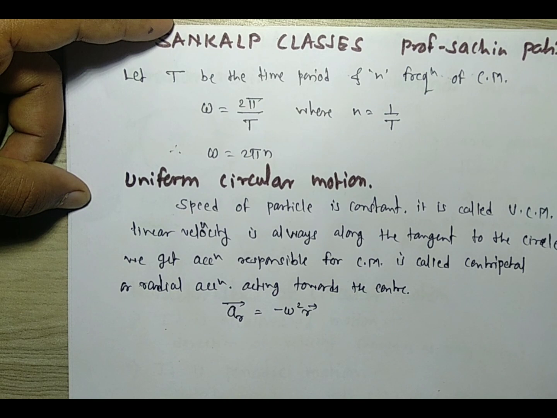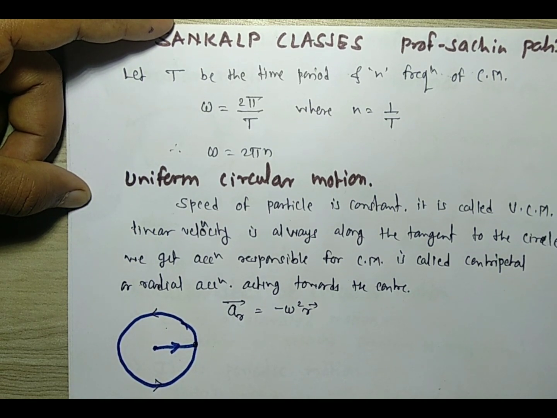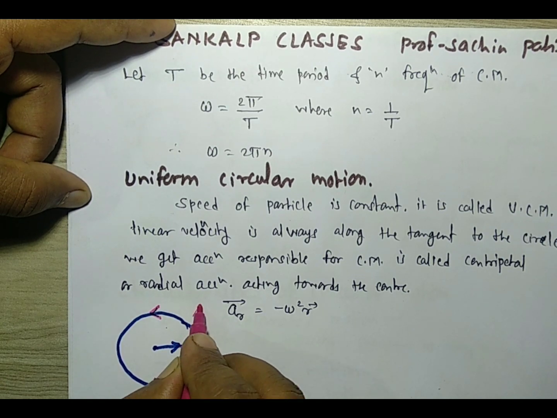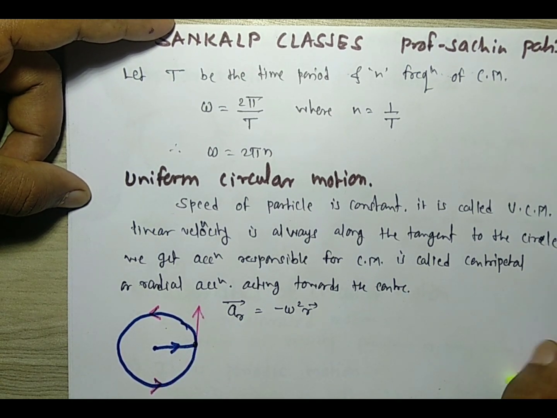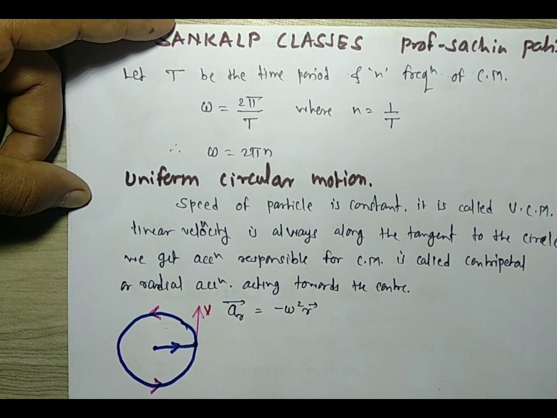Now, let us consider a particle in circular motion, and the center is here, the radius vector is drawn from here. Right now the particle moves in anti-clockwise direction. At that time, the linear velocity is along the tangent of the circle, and this velocity v is moving in this way.